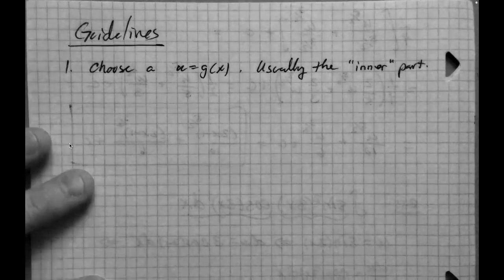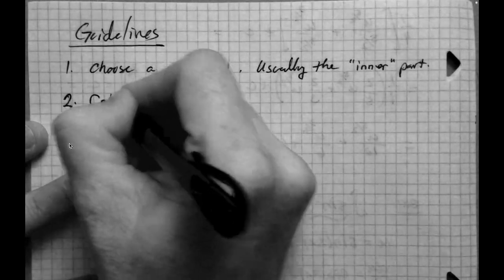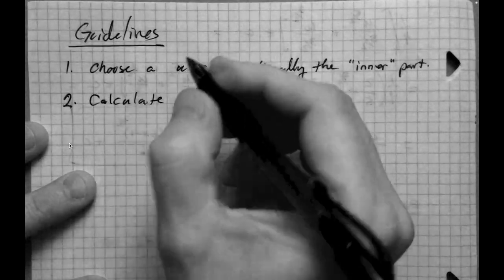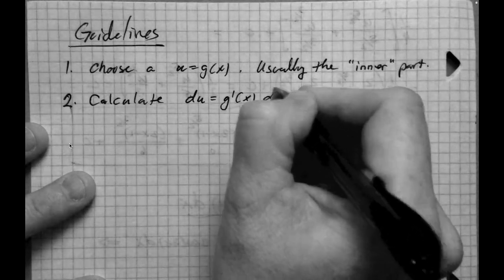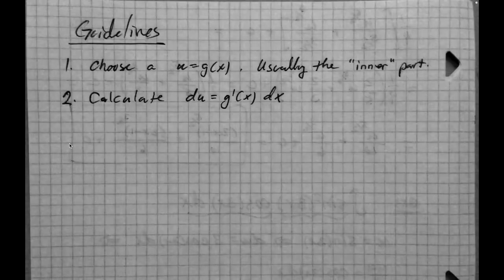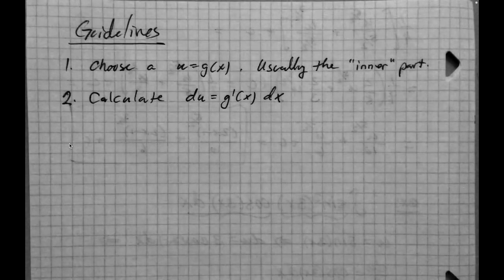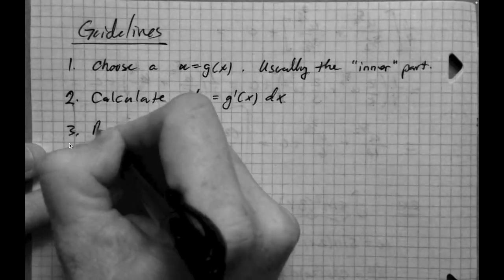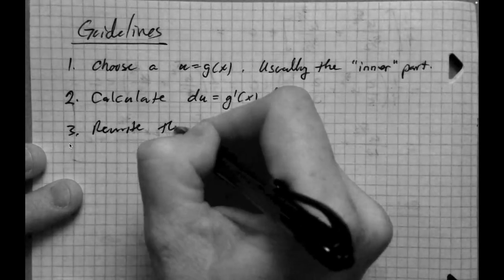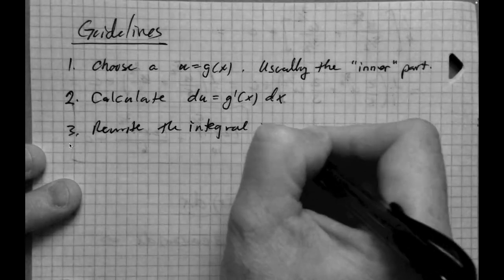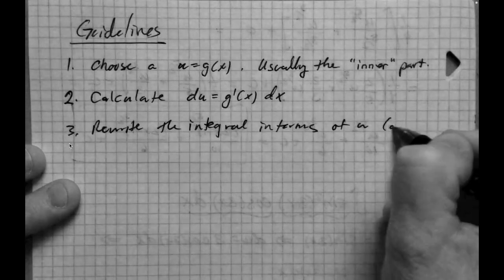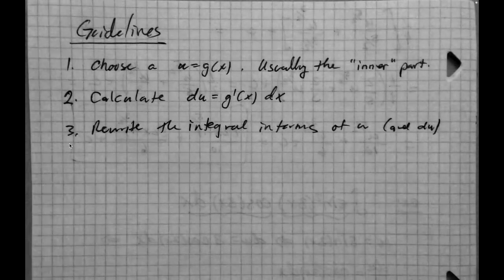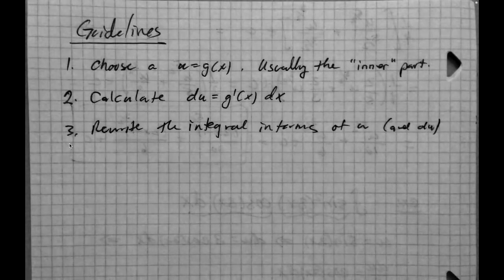Once you have that u, you want to calculate du, which is basically g prime of x dx. So whatever g happens to be, differentiate it. And then once you've done that, you want to rewrite the integral in terms of u and du, which should be self-explanatory.